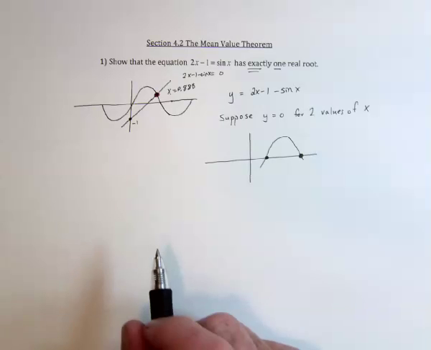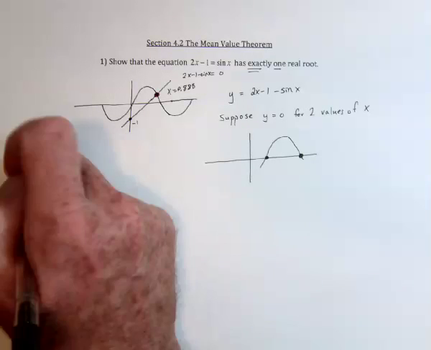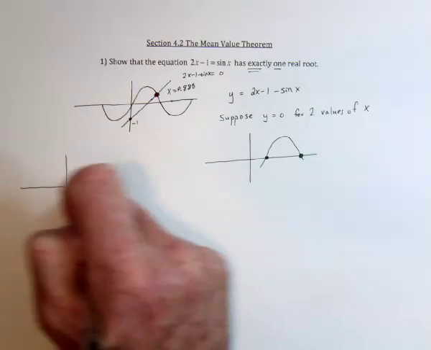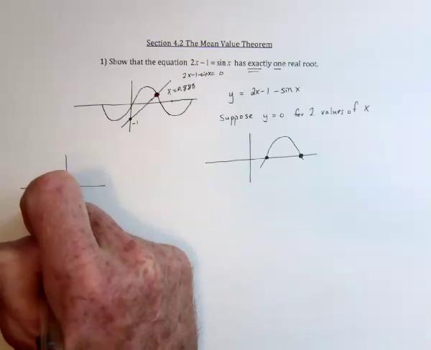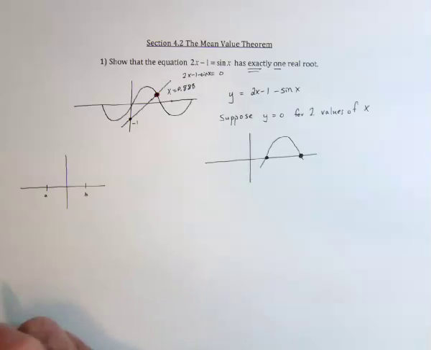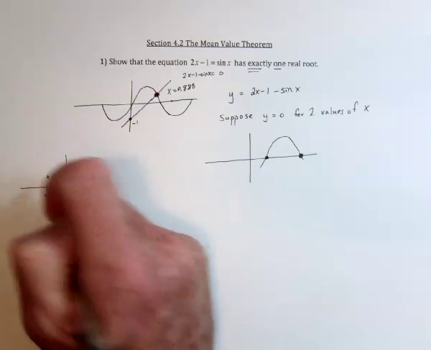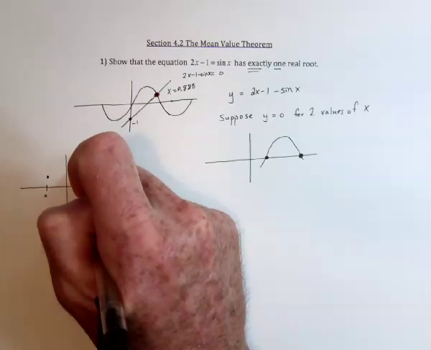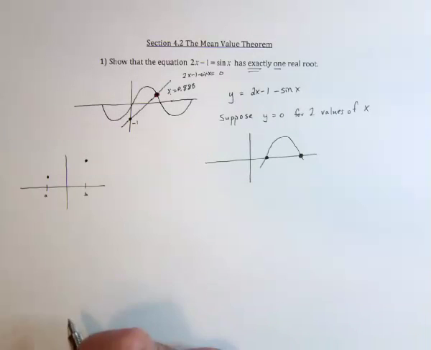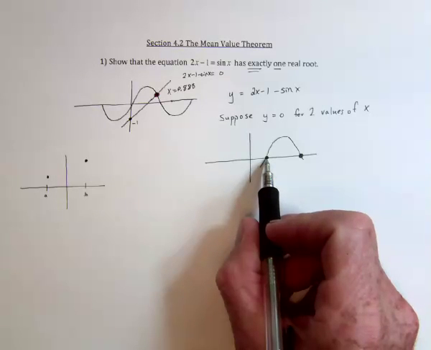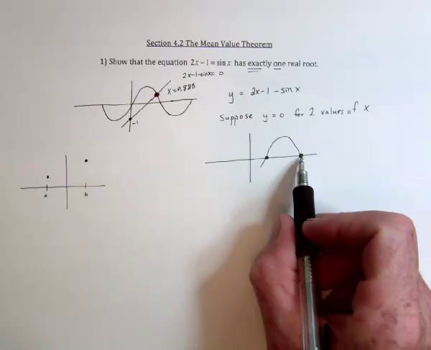Well, then the mean value theorem, okay, here's a quick sketch of the mean value theorem. It says, suppose you have two different x values, a and b, and the function is at this height for a, and let's say that it's at this height for b. This is just a special case where the height is 0 and the height is 0.